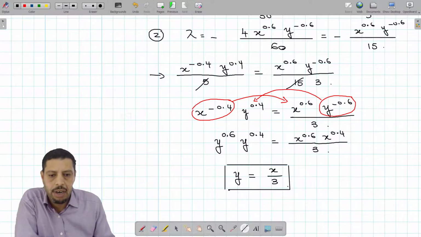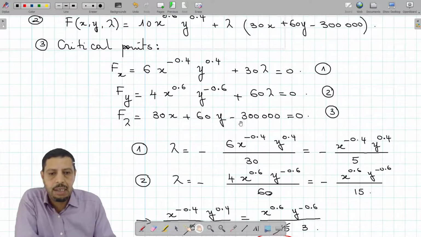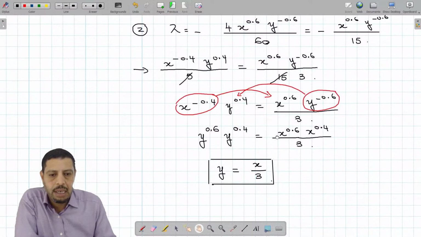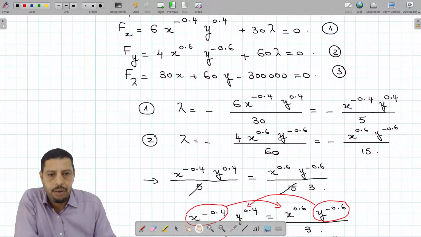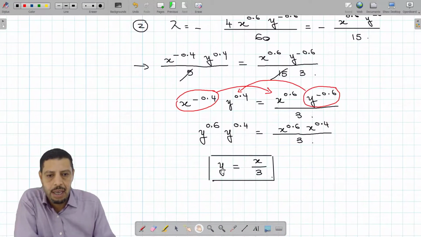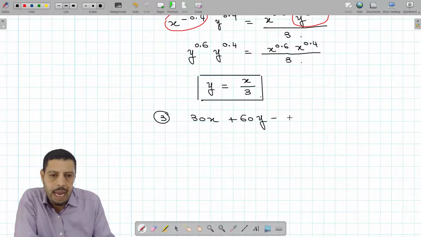So we'll use this relationship to solve the third equation, which is 30x plus 60y minus 300 thousand equals 0. So let's replace the y by its expression, which is x over 3. So let's write the third equation and include this expression here. So we have from the third equation, 30x plus 60y minus 300 thousand equals 0.